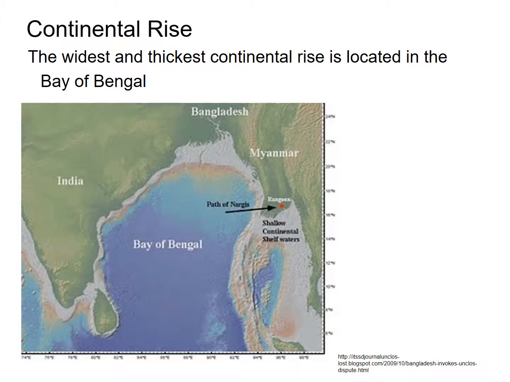The thickest and the widest continental rise is located at the Bay of Bengal, just south of Bangladesh. Here we have major rivers entering the ocean that erode the Himalayas, and the sediments from the erosion of the Himalayas end up in the Bay of Bengal. So you can see the brownish and the lighter blue colors. These are all the sediments that are piling up.